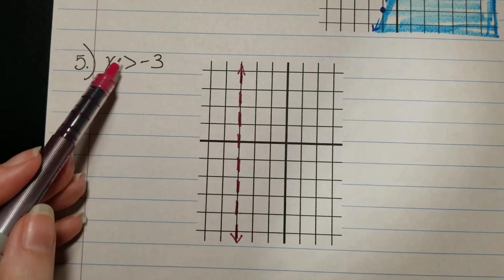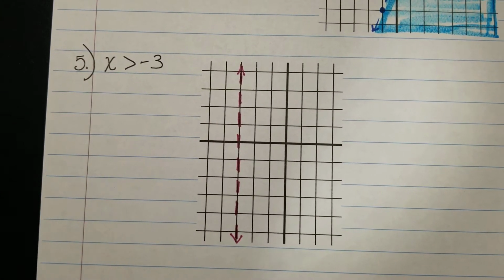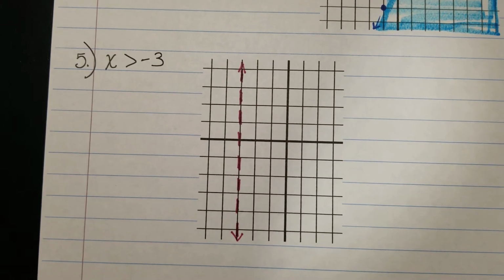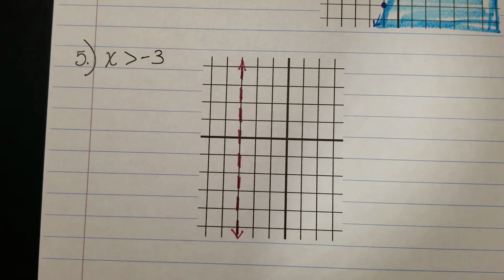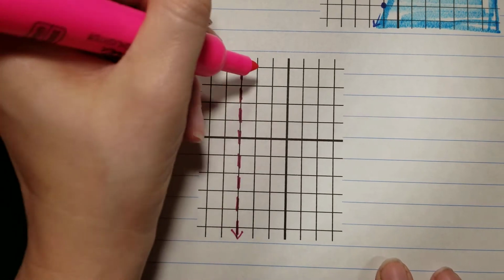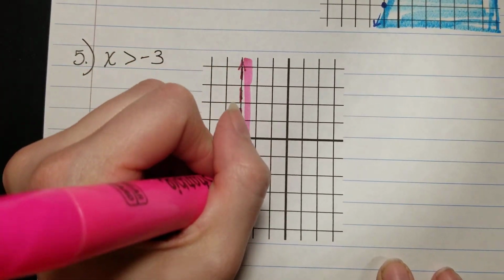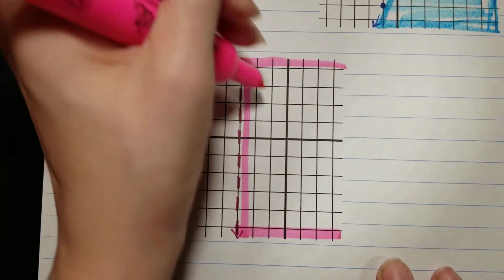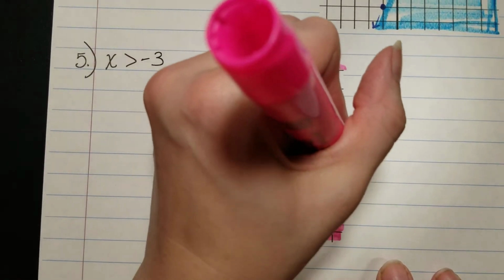In this case, above or below doesn't quite apply, but it is going to be the side that has x values greater than -3, so that would be the right side. So all of the side over here.